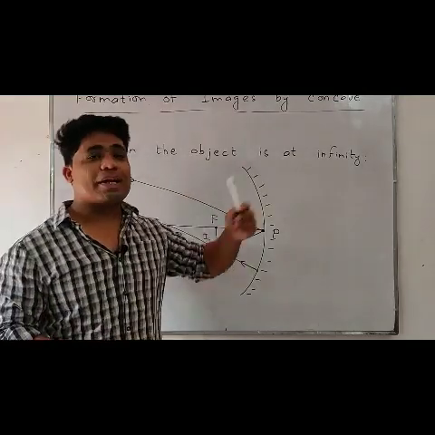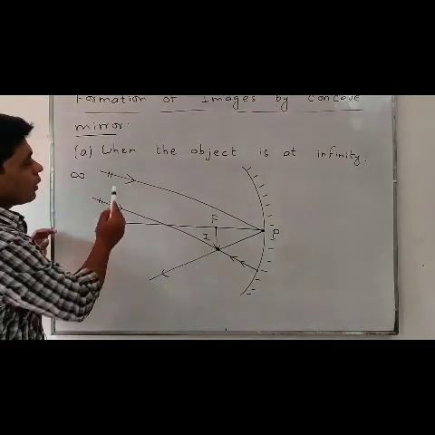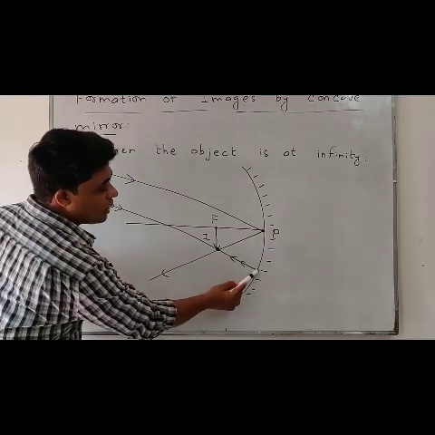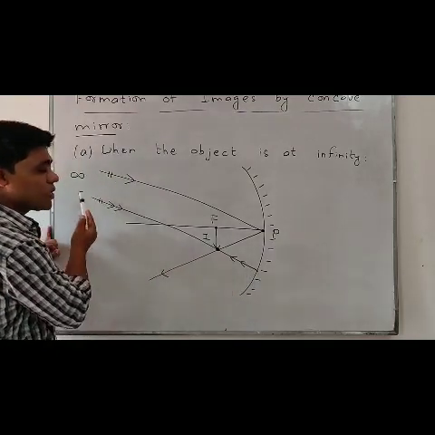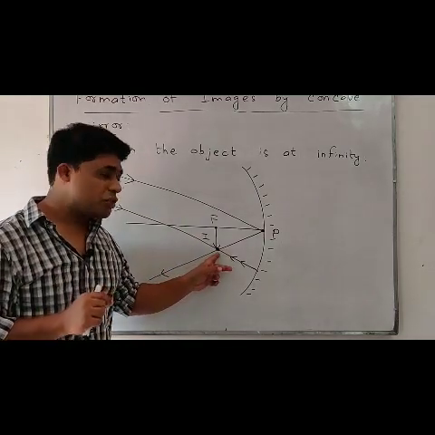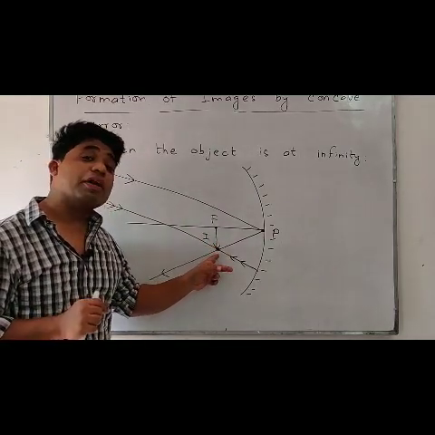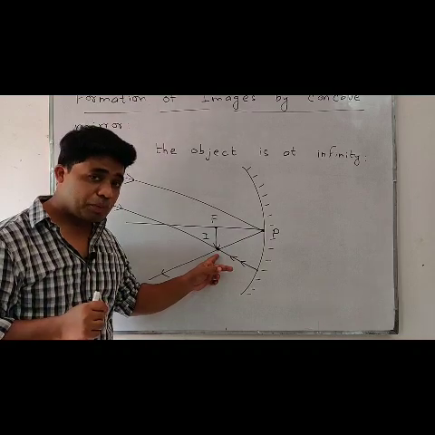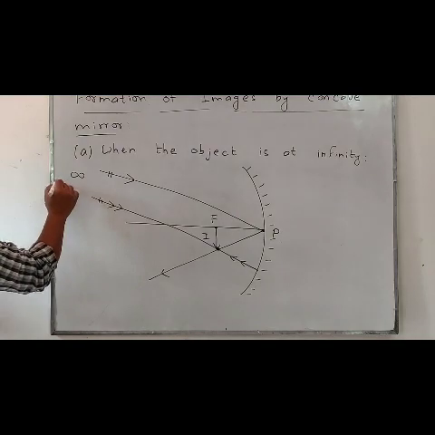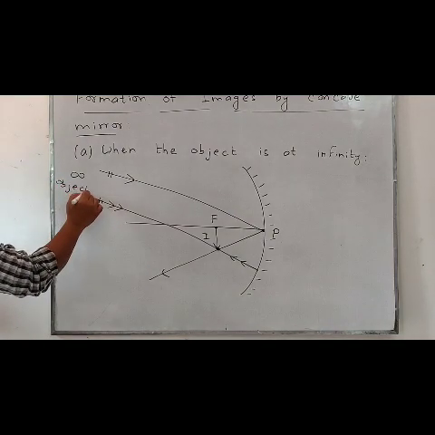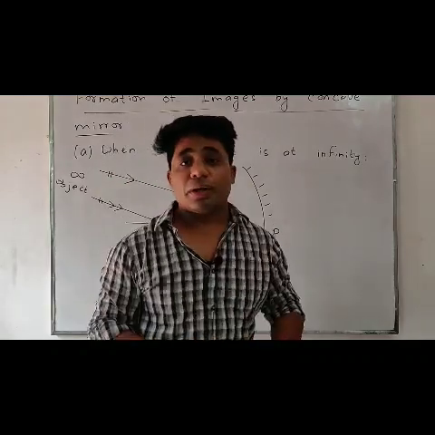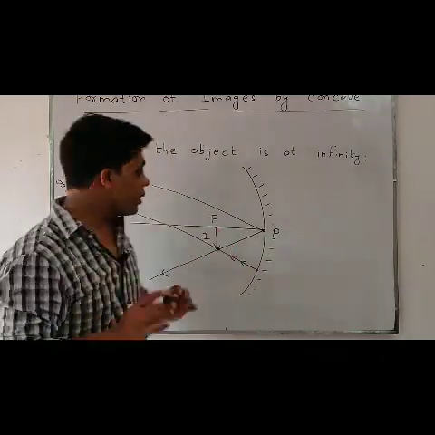When the object is placed at infinity, you have to remember, a ray is incident, it gets reflected, another ray is incident, it gets reflected in the same direction. Where both the light rays intersect, there we obtain the real and inverted image, and it is much smaller as compared to the object. The object is placed at infinity, that is the sign of infinity, and whenever the object is placed at infinity, parallel light rays will come.